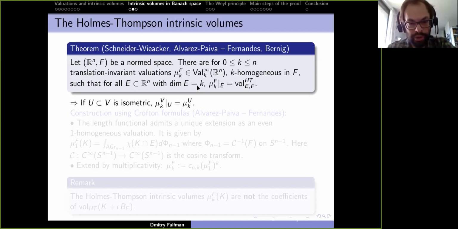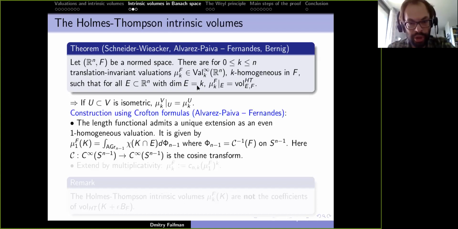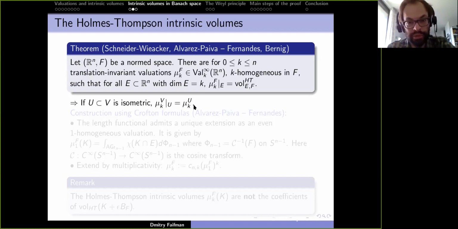And let me say that essentially by definition, it will have this Weyl property, in the sense that if you restrict it to a subspace, then you get the corresponding intrinsic volume on this subspace.